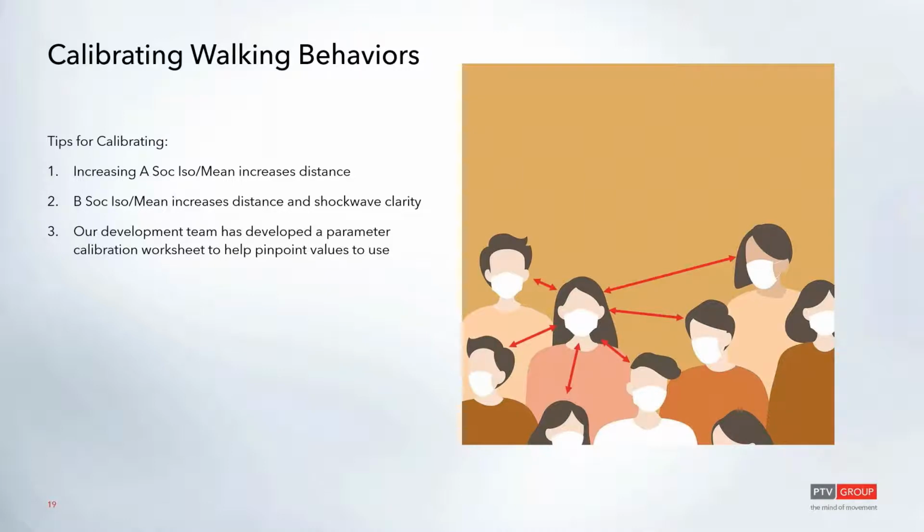B social isotropic and B social mean increase density as well, to a lesser degree, but they also control shockwave clarity. So if we're talking about queuing, for example, they will have a bigger impact in single file or banding, or conflicting flows and things like that. So you'll see that reverse shockwave parameter happening there.